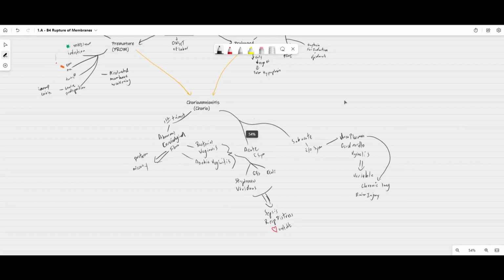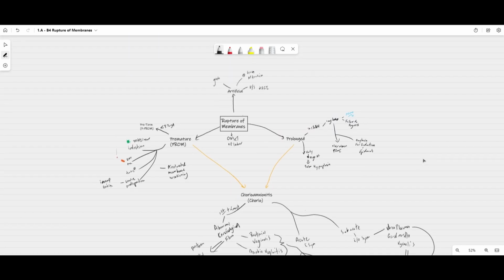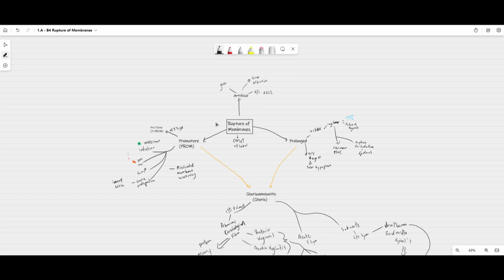All right. So when we're talking about rupture of membranes, we have our spontaneous, which is just SROM. We have artificial, which is just AROM. We can test the fluid to see if it's really amniotic fluid or not. If it happens premature, it can be due to anything that's going to accelerate membrane weakening, to include all our factors here. If it happens really early, less than 37 weeks, we call it PPROM.